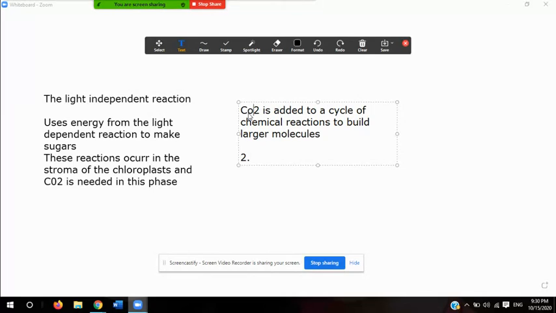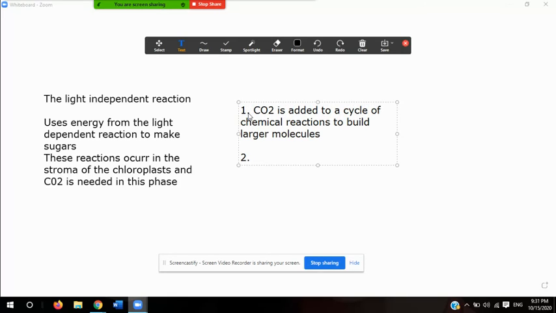CO2. Okay. Let's look at the second step. So basically, in the first step, it says that carbon dioxide is added to a cycle of chemical reactions to build larger molecules.